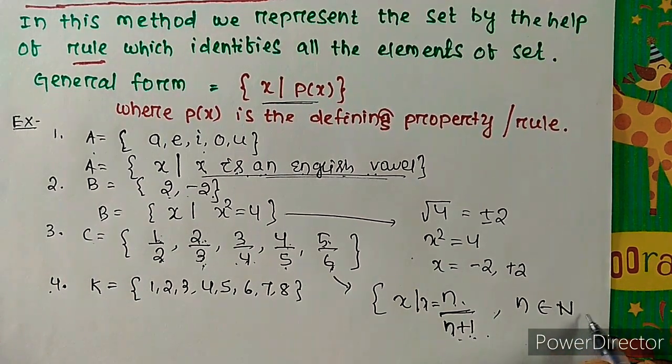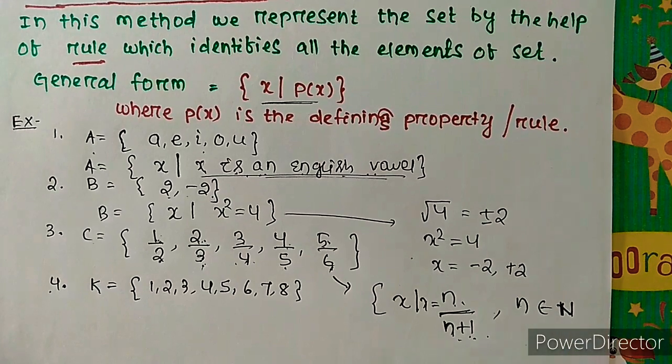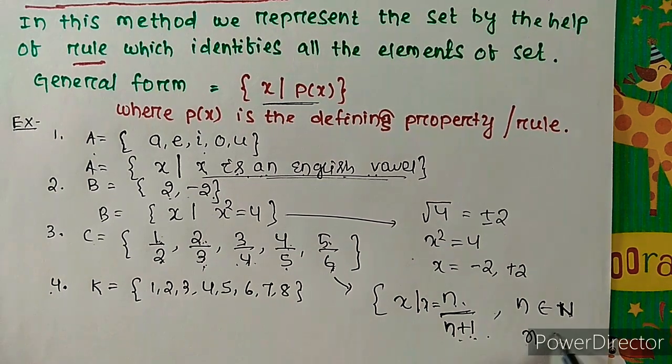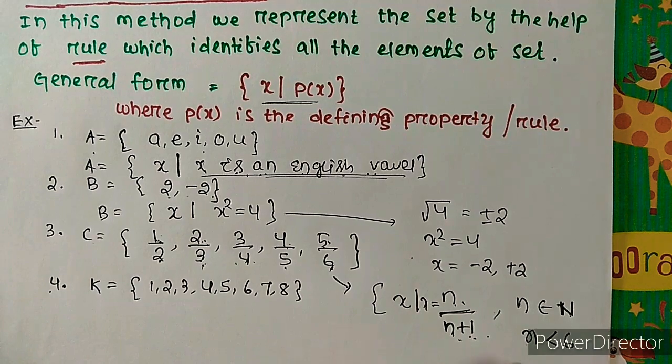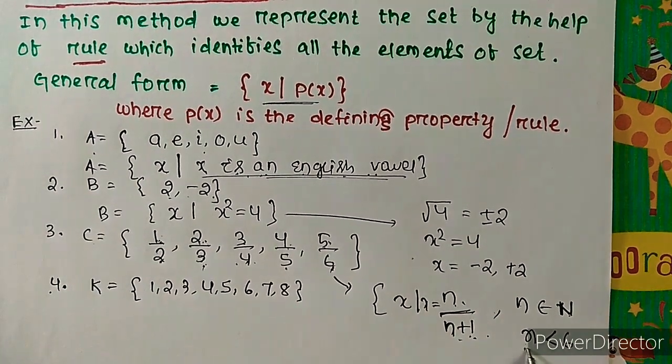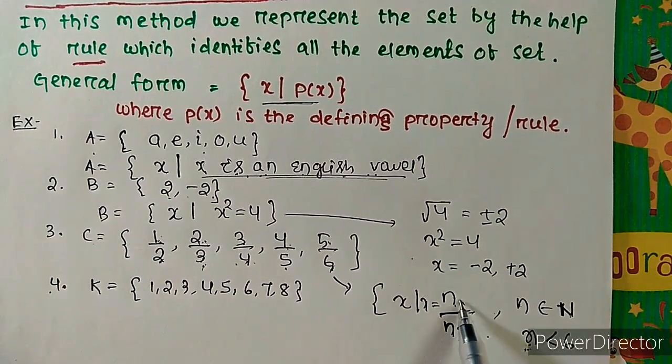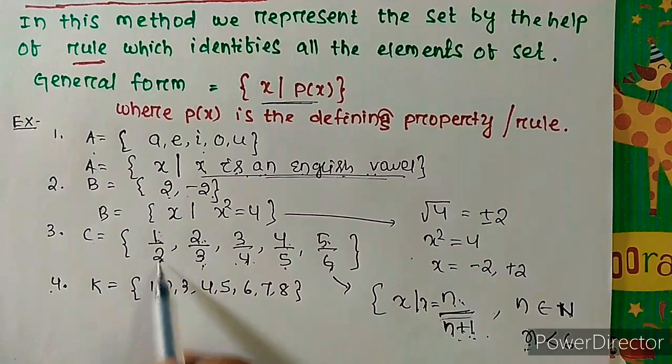I have already told in the mathematical sets that capital N represents the natural numbers. So n belongs to N, and this small n is less than 6. If we take n equal to 1, then it will be 1 by 1 plus 1, that is 1 by 2.